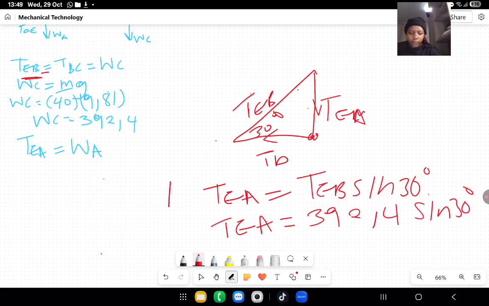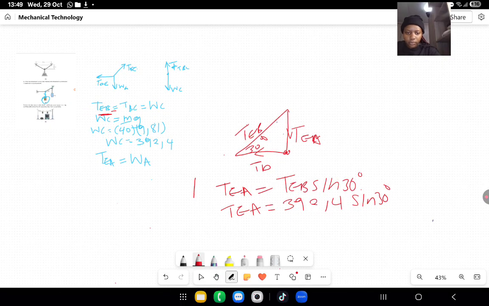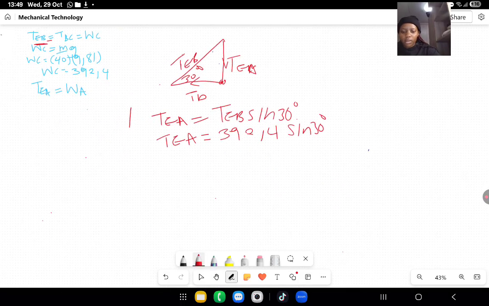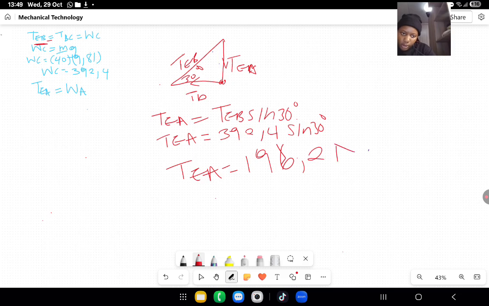So now we'll say 392.4 times the sine of theta. We will have TEA equals 196.2 newtons.